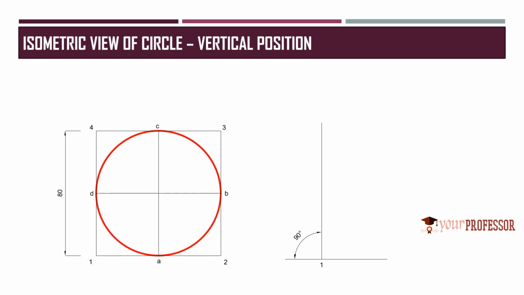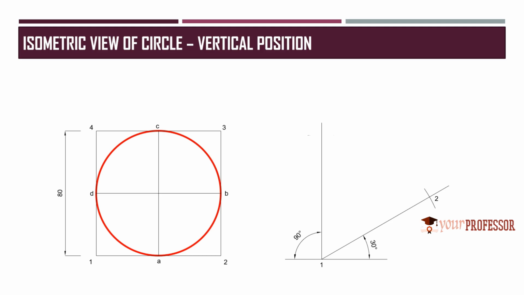Now again consider the same point 1, draw a line which is at an inclination of 30 degrees. Right? If you observe, the distances between 1 and 2, 2 and 3 are all 80 mm, and the distances between 1 and A, 2 and B are all 40 mm. So let's transfer the distances. First let us transfer the distances between the points 1, 2, 3, 4. We know the distance between 1 and 2 is 80 mm. So consider 80 mm as radius, 1 as center, drop an arc, that will be point 2.